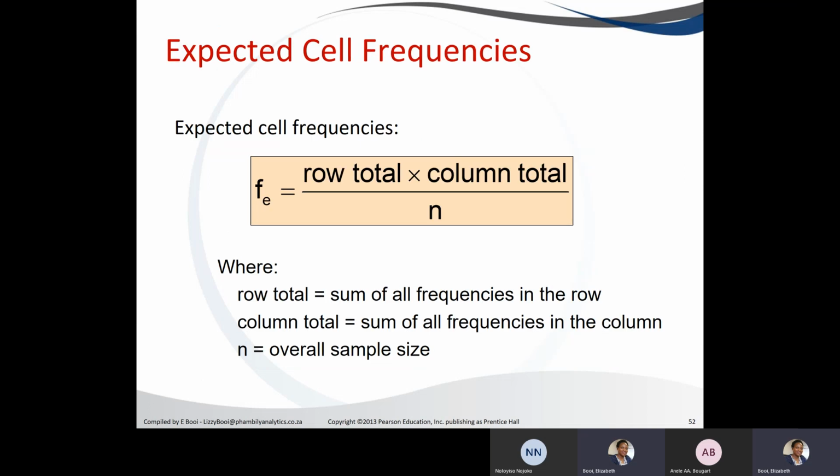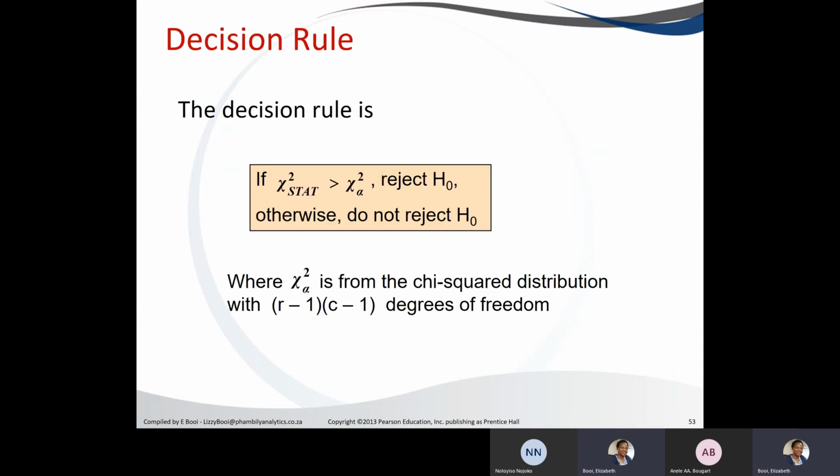Calculating the expected frequency, since I told you that the totals are very important, we use the row total multiplied by the column total divided by the sample size. So you need to calculate the totals because you're going to use those totals to calculate your expected frequencies.